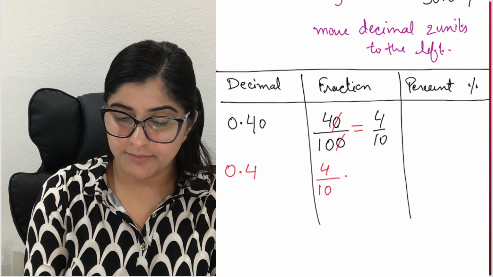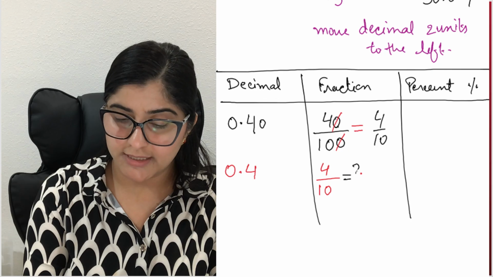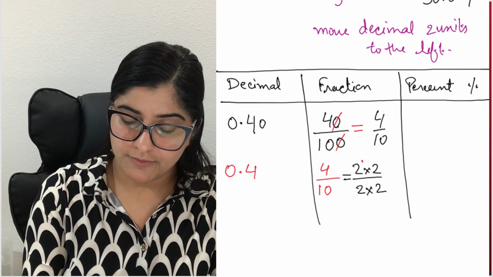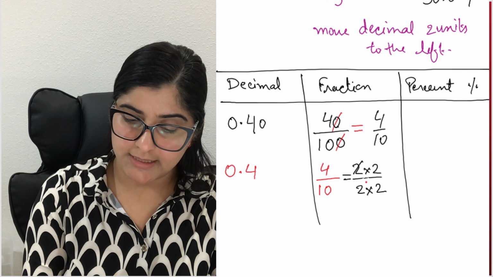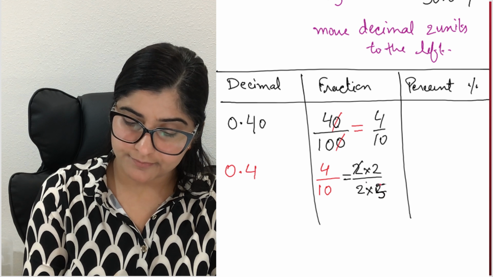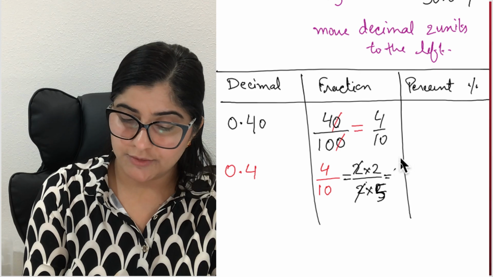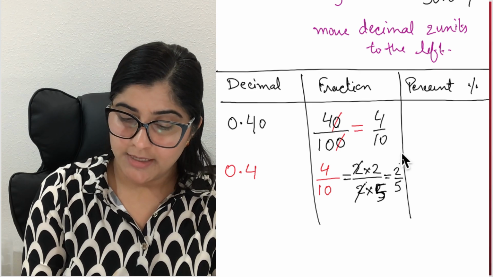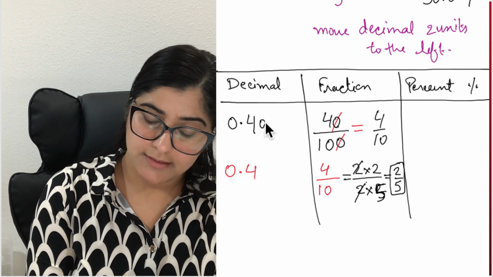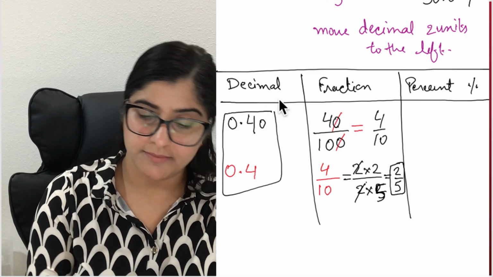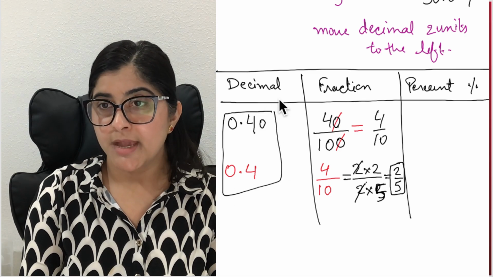You can further simplify this. 4 and 10 both have 2 in common. So you can write 4 as 2 times 2 and 10 as 2 times 5. We can cancel out the same factor and we get 2 over 5. So this is the fractional representation of this decimal number.